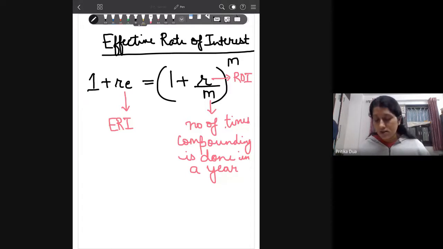Say an investor has two options. He wants to deposit 10,000 rupees in a bank for 1 year, and the bank gives him two choices.